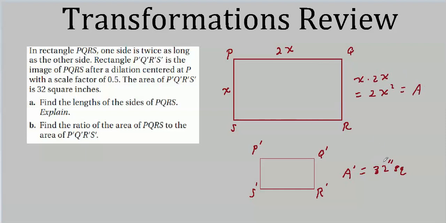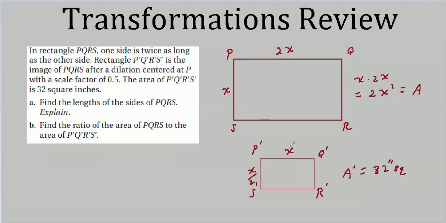This one here, okay. This is a reduced everything by 1/2, right? So that means the length of this is x. And this would be x over 2, wouldn't it? Because they gave us the scale factor right here.